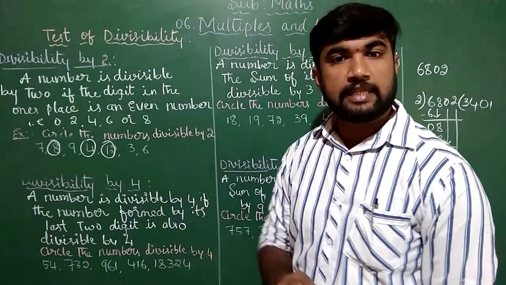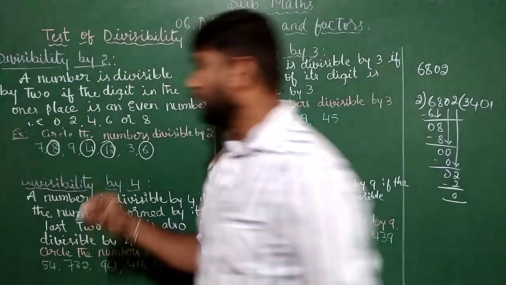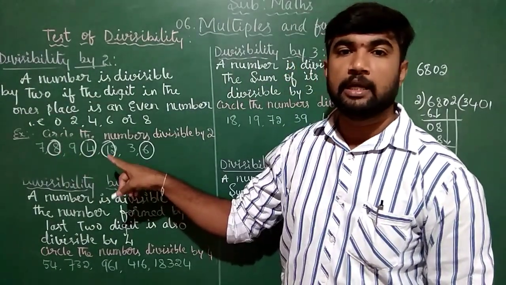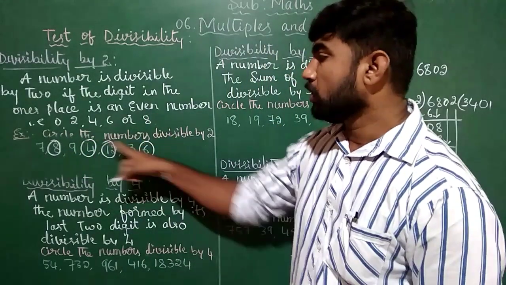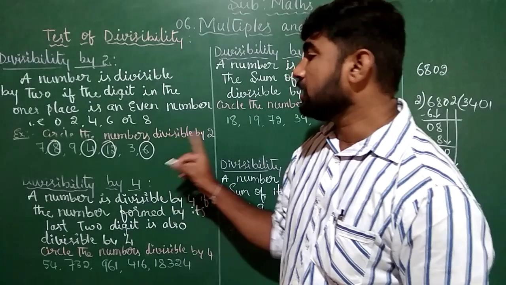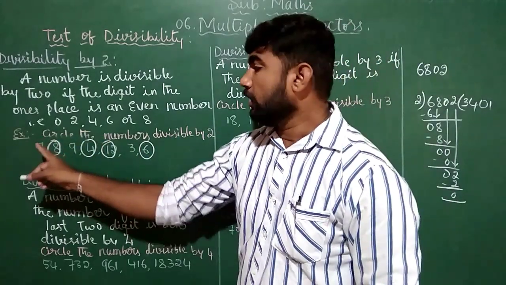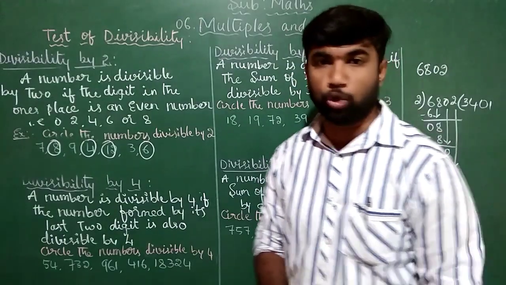And 6 is an even number. So I am circling the number. So like that. These examples are regarding exercise 6.6, that is the first question. They asked to circle the numbers divisible by 2. Here we need to circle the numbers which are exactly divisible by 2.